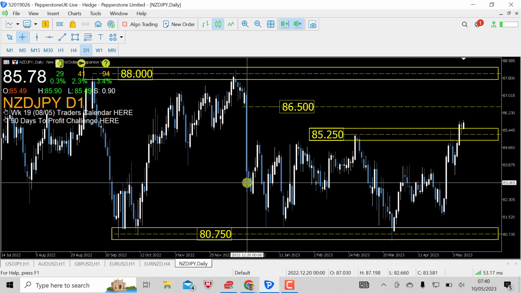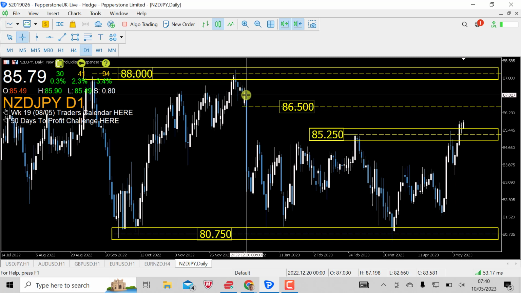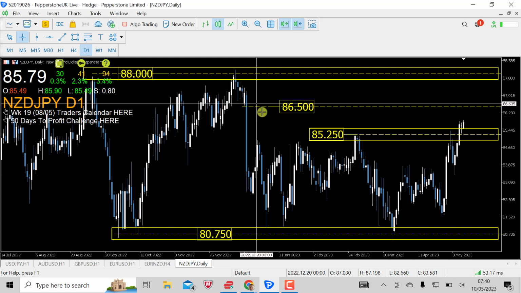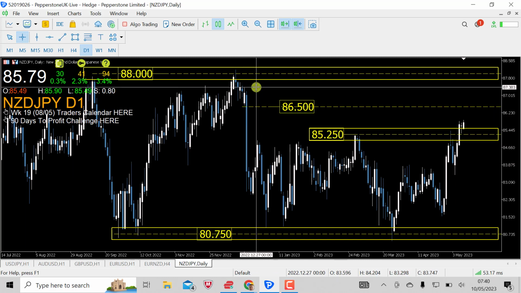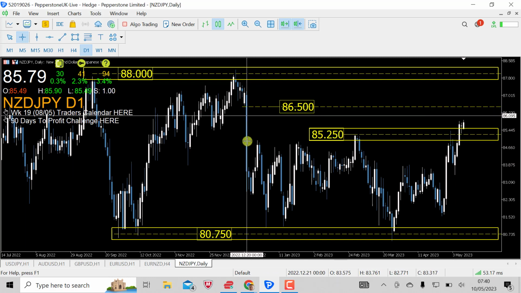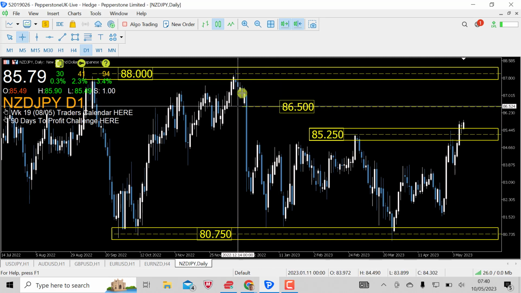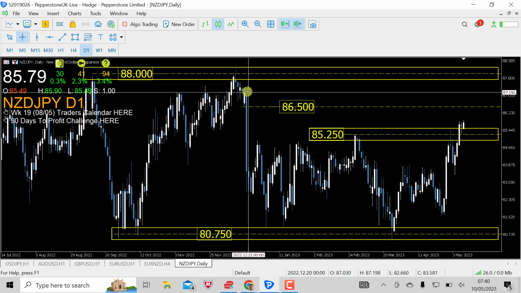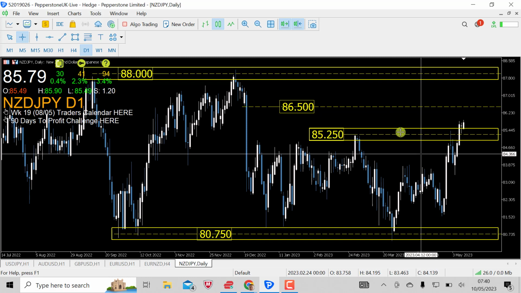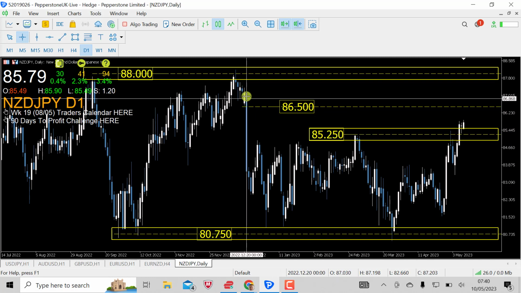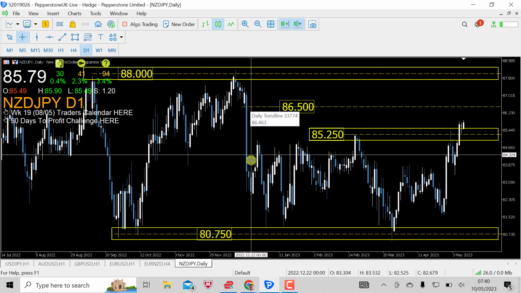That large move to the downside would have been caused by a key event in the market, and probably was around the time of some significant move with either the yen or the New Zealand dollar. My guess is it is the yen at that point. I can't remember what situation that was. I'll have to do a little bit more research on that one, but at the moment price has traded through that zone and created quite a large area where price can try and come back and fill.